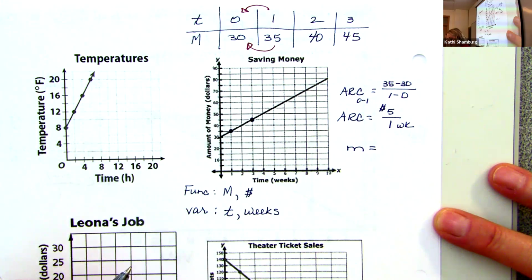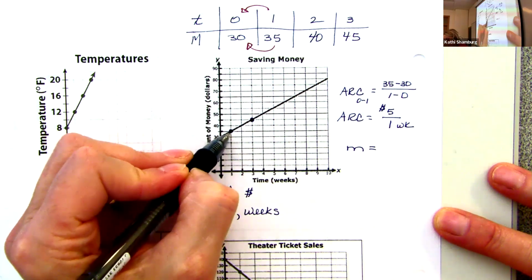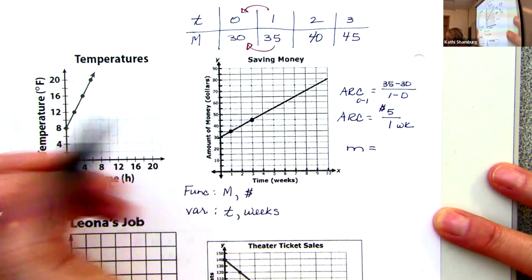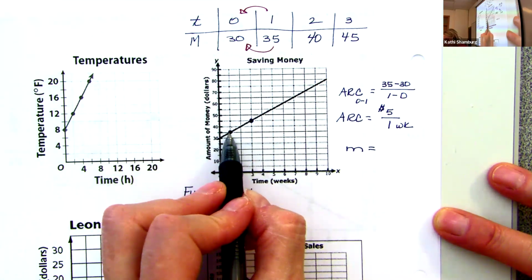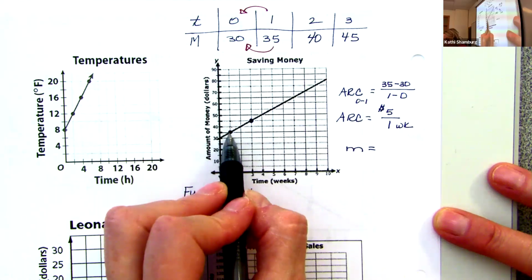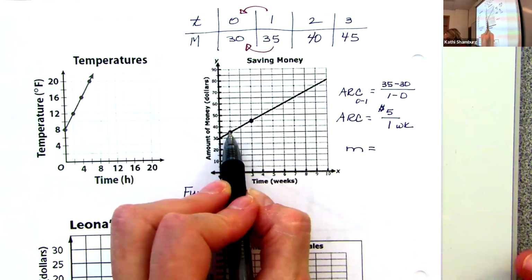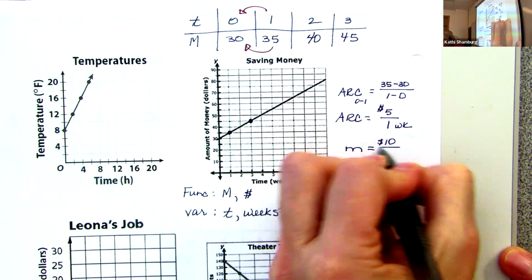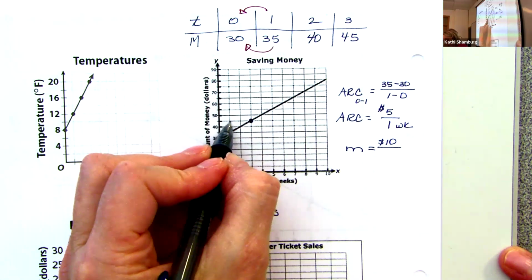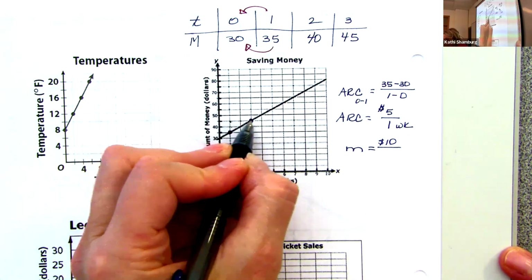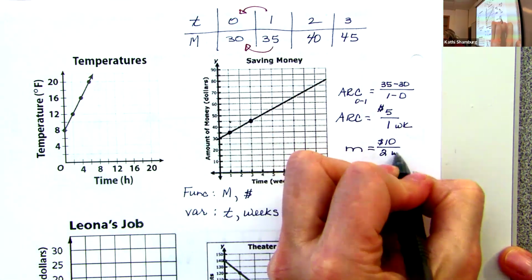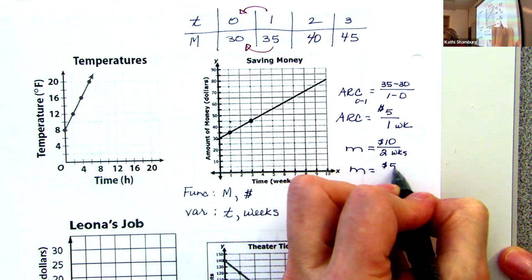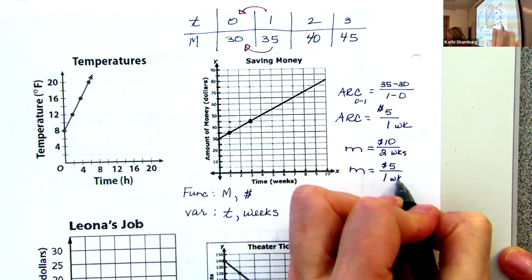Now, here's where you need to be careful, because when we go up, if you just go 1, 2 over 1, 2, that's deceptive because I'm going up 1, 2, but what does that represent in relationship to my function? $10. And so that puts me here, and then this would be 1 week, 2 weeks. So 2 weeks. So we also get $5 over 1 week.